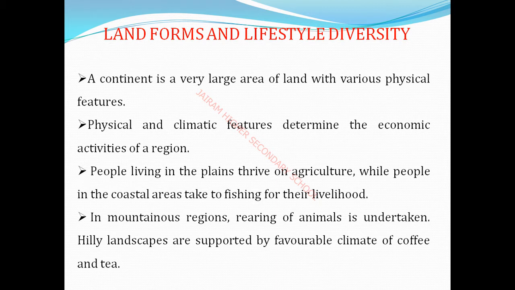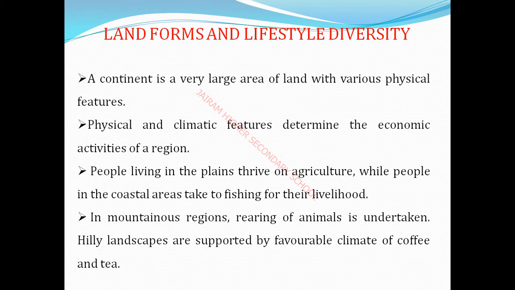So hilly landscapes are supported by a favorable climate for the cultivation of plantations. Here the plantation, for example, coffee and tea, are plantation cultivation. Most of all, hilly landscapes, for example Kodaikanal, Ooty, and so on, are used for the cultivation of plantation crops.